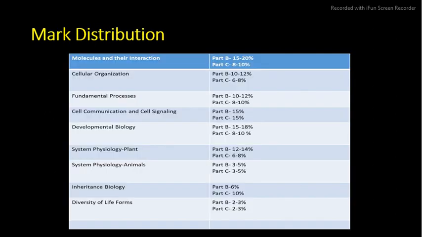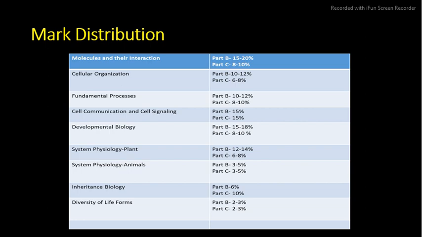So in mark distribution, molecules and their interaction, that is biochemistry, from part B approximately 15 to 20% marks will be from molecules and their interaction. In part C, there will be 8 to 10 percentage marks for biochemistry.